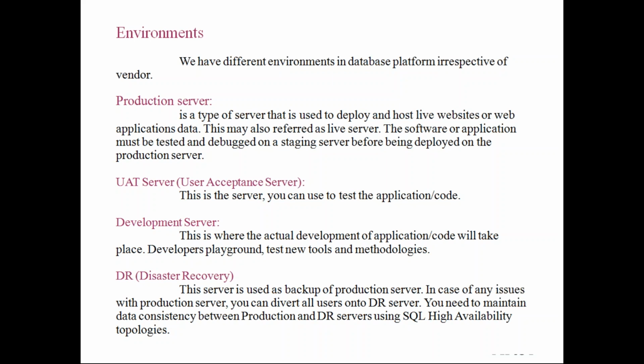On the UAT server, we DBAs deploy the packages or scripts, and once the deployment is done, obviously we will have a testing team in our organization. They hit this UAT server and do some testing, and once they are happy with all the testing, they sign off.